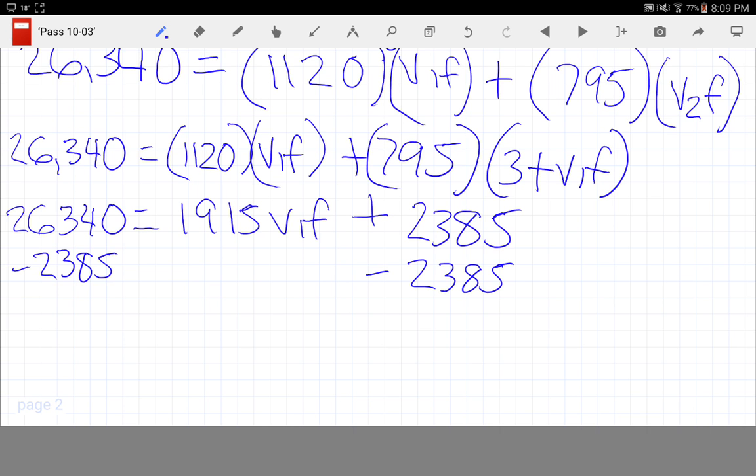Once you subtract, then you can just divide by that 1915. So what did you get for your value here? I'm just confused because the 263040 is kilograms per meter second, and you divide by meters per second. This 3 right here is still a meters per second.